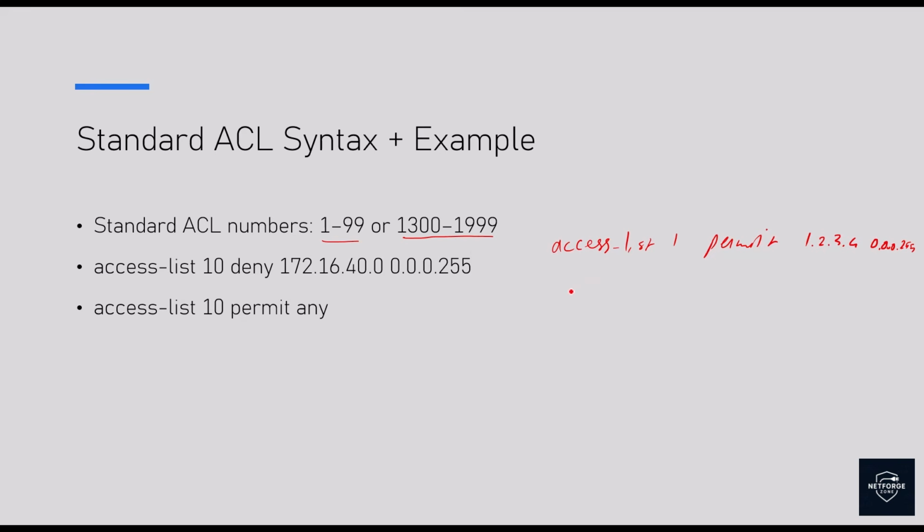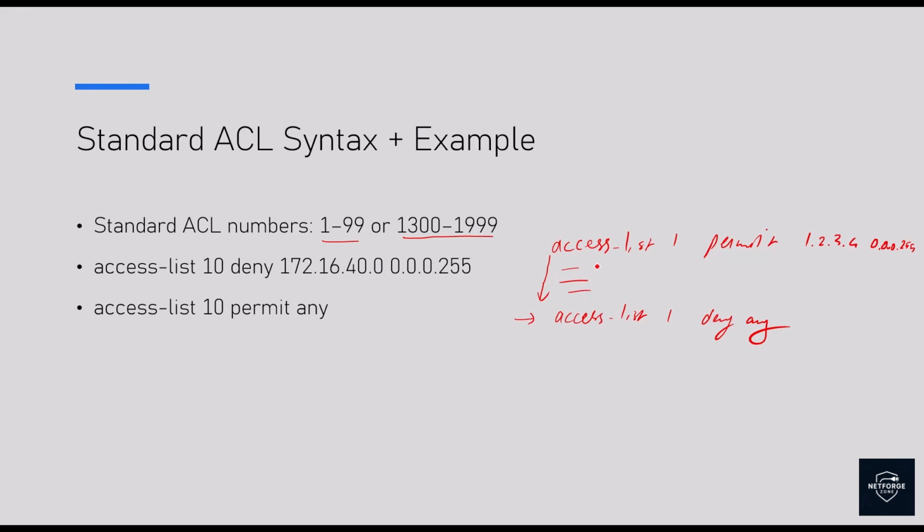This means that even if you do not write it, this is always going to be there: access list 1 deny any, which means that in the end, the most general line is denying everything else, everything that has not been matched in the lines that we have added to the access list.